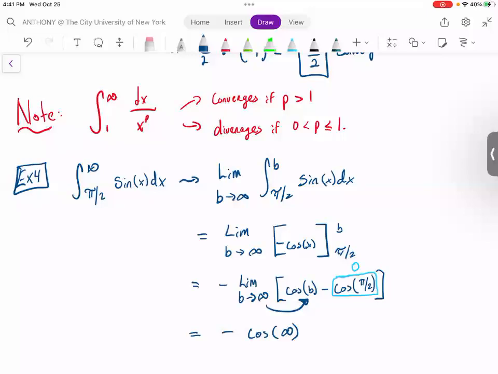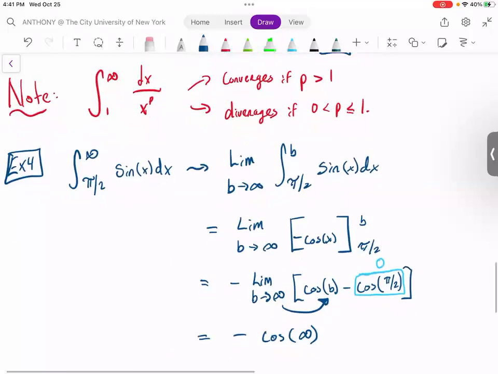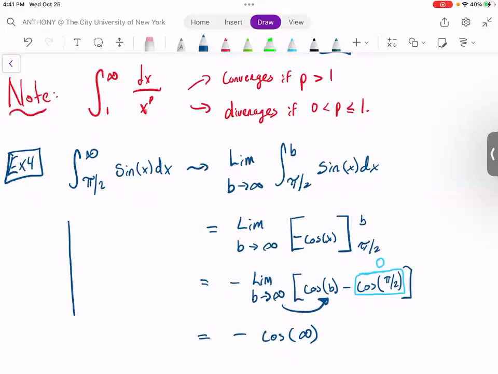So, for example, if I drew out a cosine curve, let's say this is 0, this is pi over 2, pi, 3 pi over 2, and 2 pi.